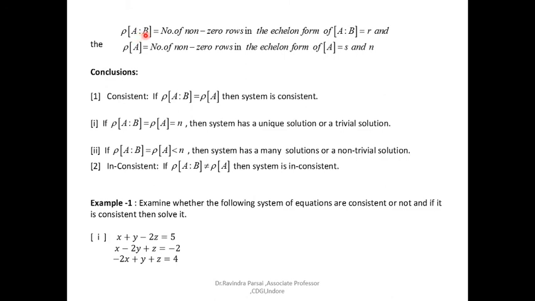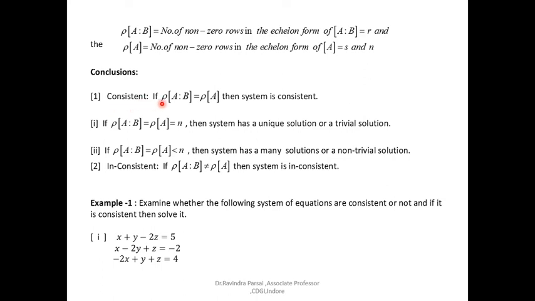First you write the rank of the augmented matrix by counting the number of non-zero rows in the echelon form of A|B; say it is R. The rank of A is the number of non-zero rows in the echelon form of A; say it is S. And the number of unknowns is n. Now you conclude about the solution of the given system of equations.